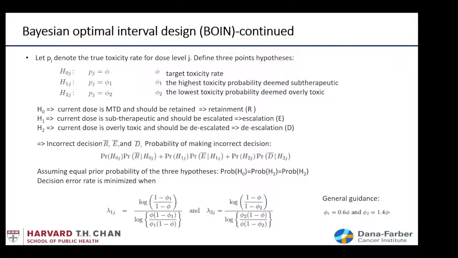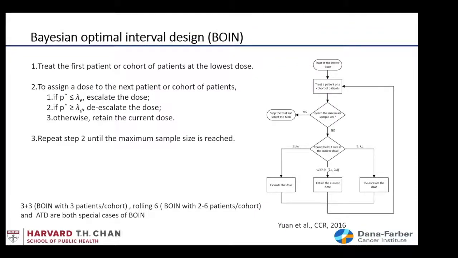Then the decision rule is to minimize the probability of incorrect decisions. You can calculate lambda 1 and lambda j, and lambda E, lambda D here just define the pre-specified toxicity interval.